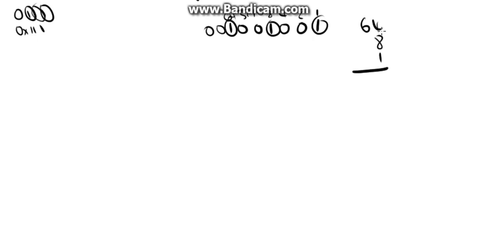So that represents that one, that one is represented by that one, and that one is represented by that set of binary digits. And as if by magic, 1, 2, 4, 8, 16, 32, 64, we've got exactly as we had earlier, which is 64, 8 and 1, which is 73.